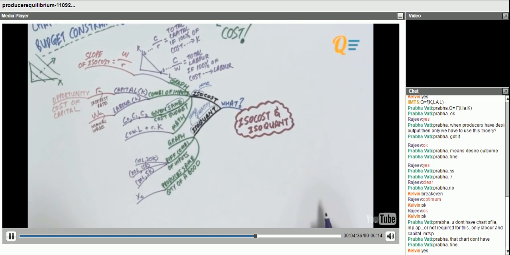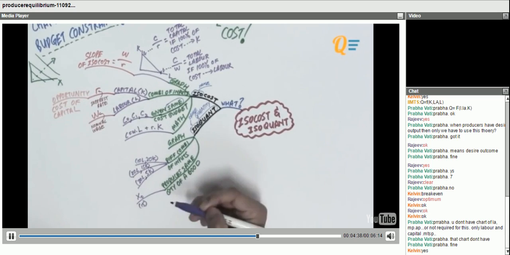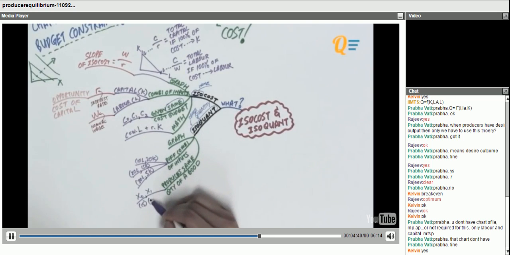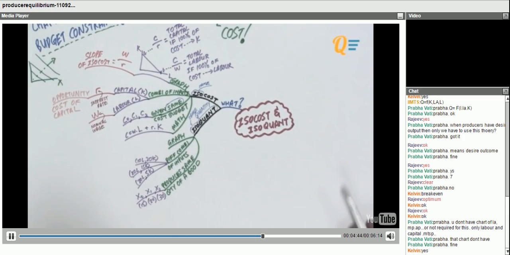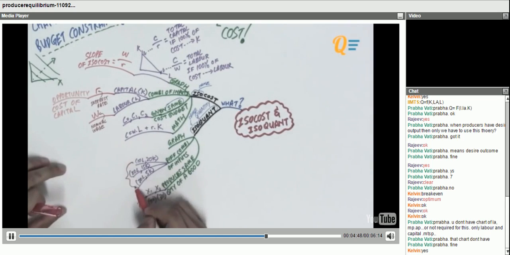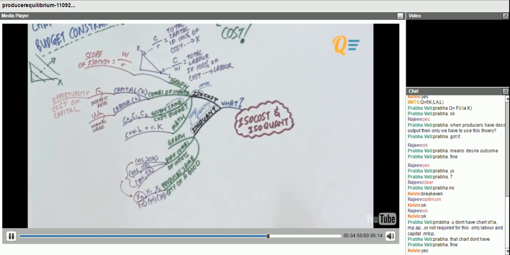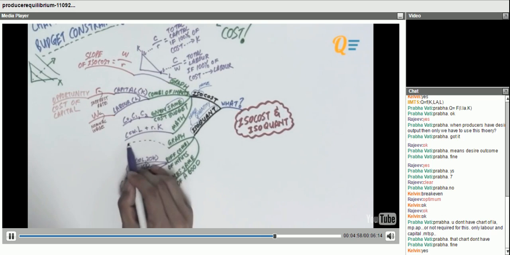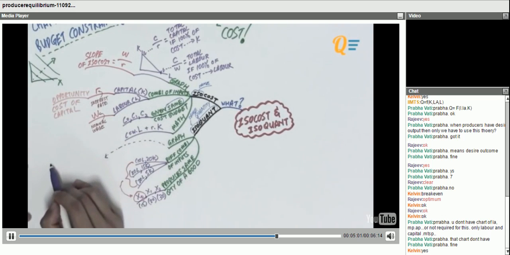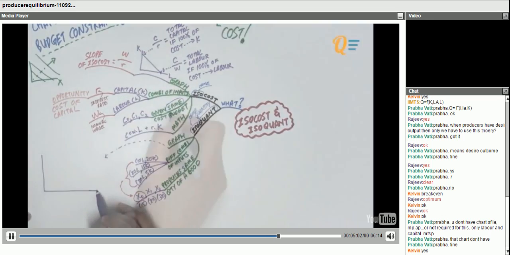So maybe X naught is say 15 units of X. If you're going to increase the quantity produced to X1 or X2, you're going to have to increase the amount of inputs that they put into the bundles, right? So in conclusion, all these bundles here can actually produce X naught amount of X. Okay, so that's what it means by the different combination of inputs that produces the same quantity of a particular good. So let's look at this in a graphical.